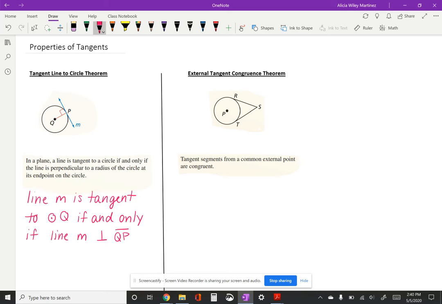And that works the other way around. So if line M is perpendicular to QP, then I know that line M is tangent to circle Q.